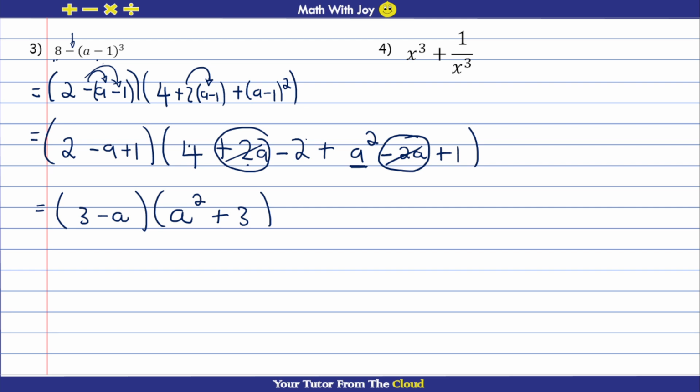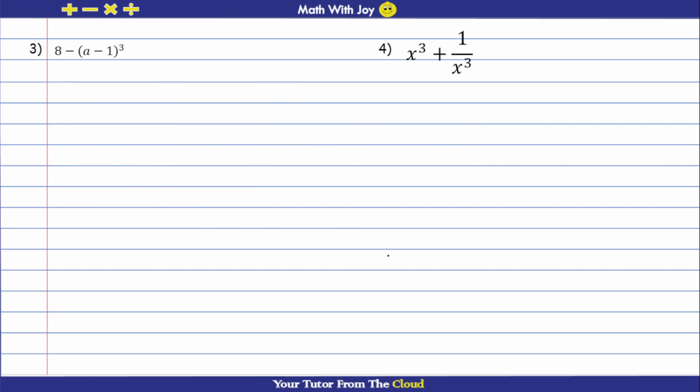All right, so I just want to remove this so that I will have space for the other sum. Now this sum over here, we have two cube numbers and they are adding. So I will open two brackets and I'm going to factorize. Cube root of x to the power of 3, we already know it's going to be x plus.